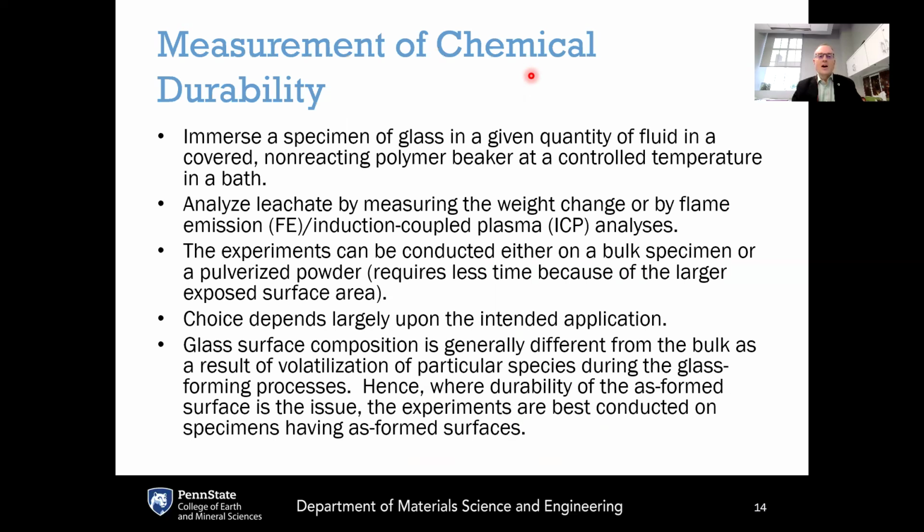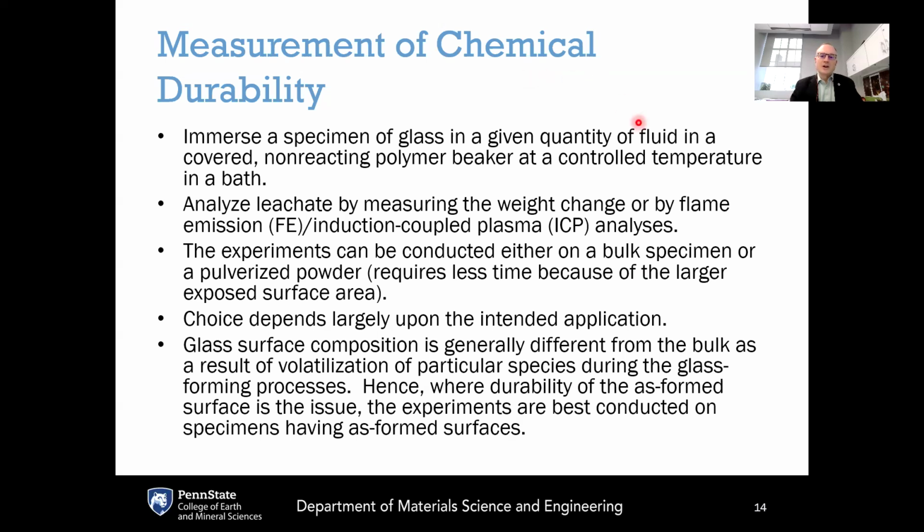Now, when it comes to measurement of chemical durability, there are a couple of different ways to do this. These both involve immersing a specimen of the glass in a given quantity of fluid. This can either be under static conditions, where the volume of the fluid is fixed, or it can be under dynamic conditions. But in either case, there is a certain amount of the fluid that is allowed to react with a certain surface area of the glass.